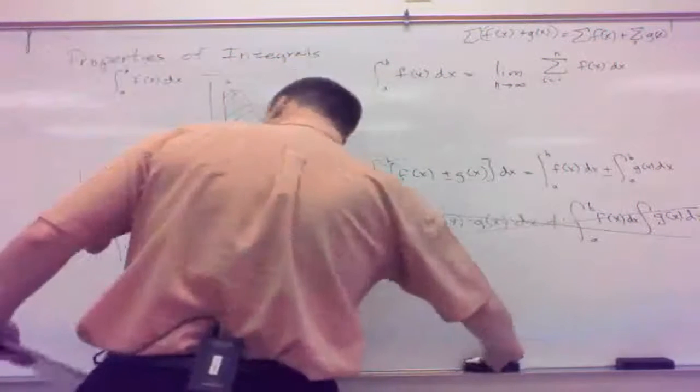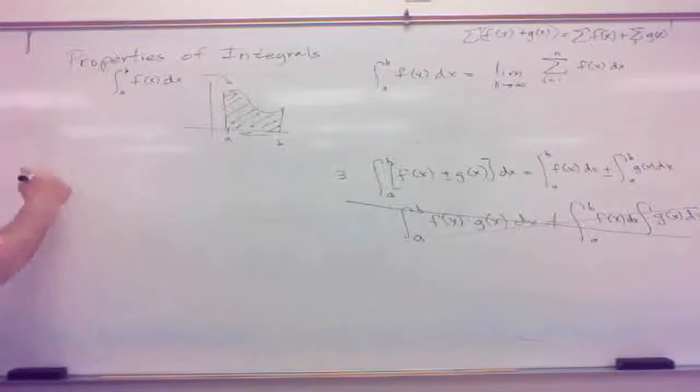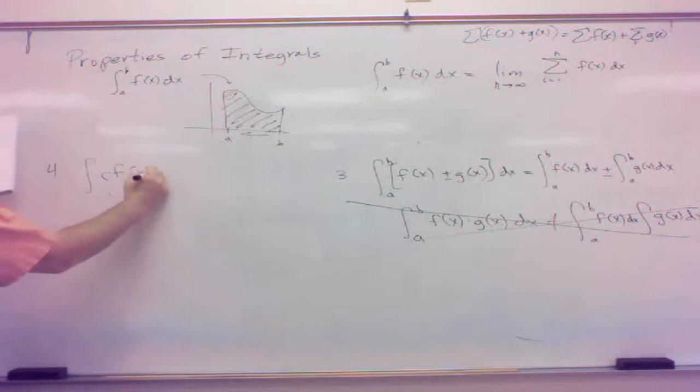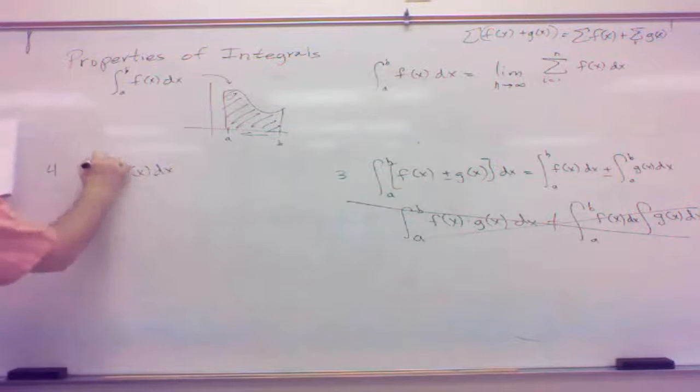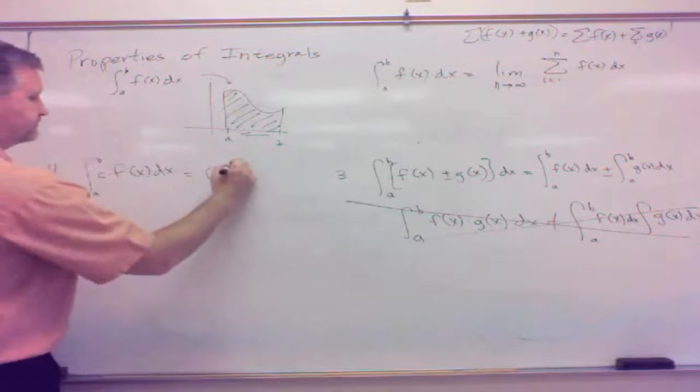Okay. A couple more of these and I'll go on to something else here. So number 4, yeah. Turns out, we'll say more about a lot of this stuff in just a second, but yeah, if you have c times f of x, c is just standing for a number, usually, that c can be pulled out.